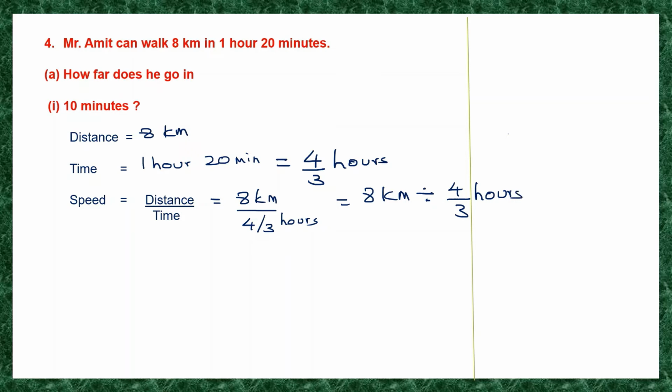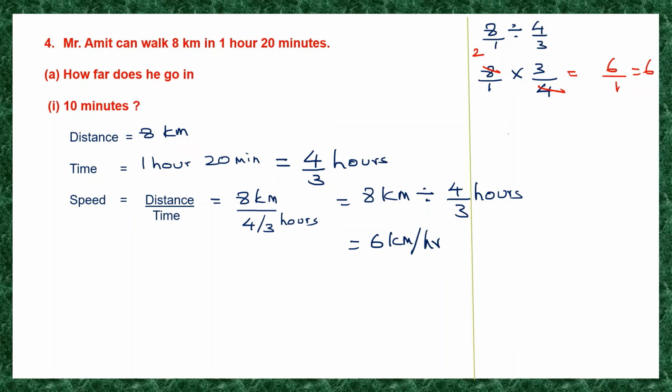Division of fractions: the first fraction remains the same, division becomes multiplication, 4 by 3 becomes 3 by 4. Now cancel. 4 2s are 8. So here I have 2 3s are 6 by 1, which is 6. So we have found the speed to be 6 kilometers per hour.